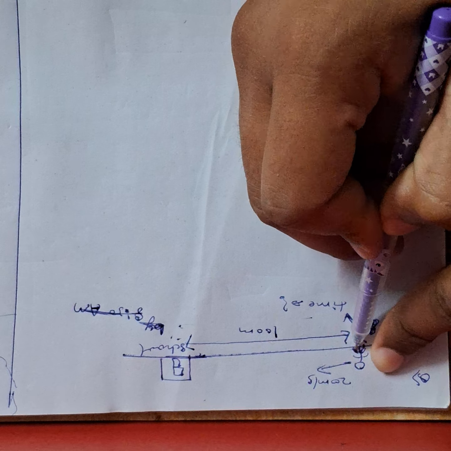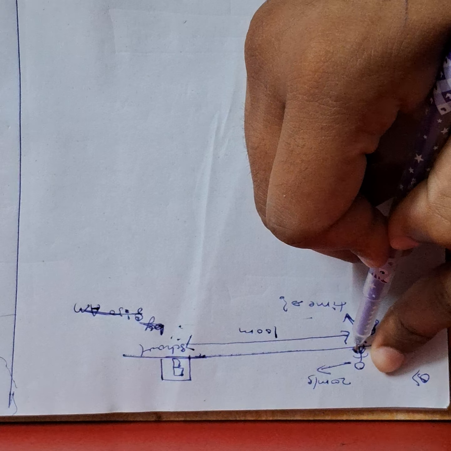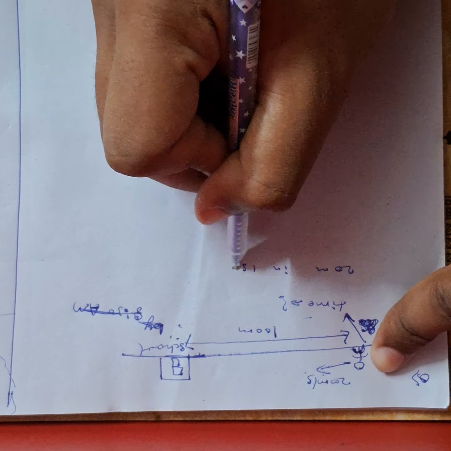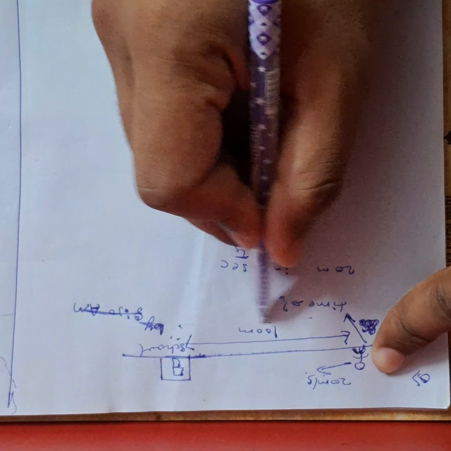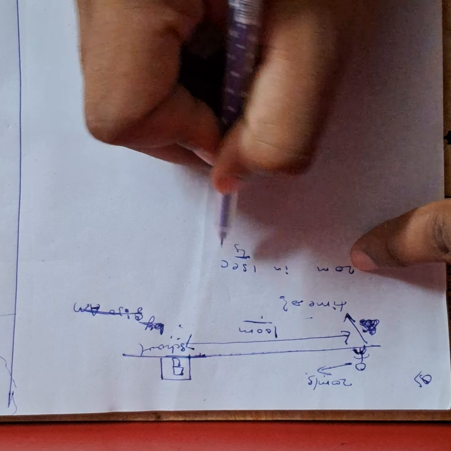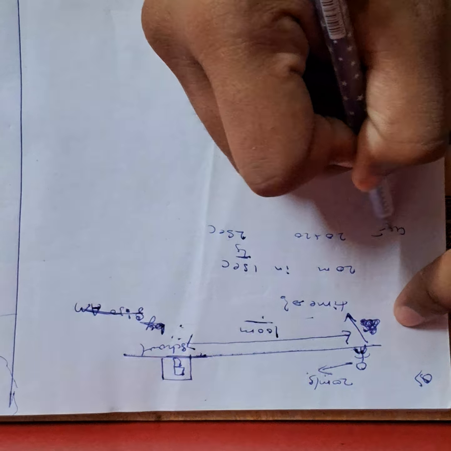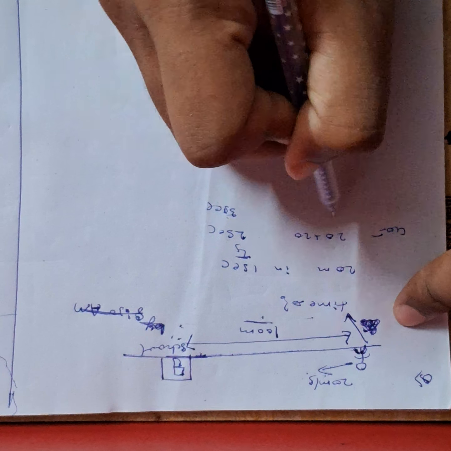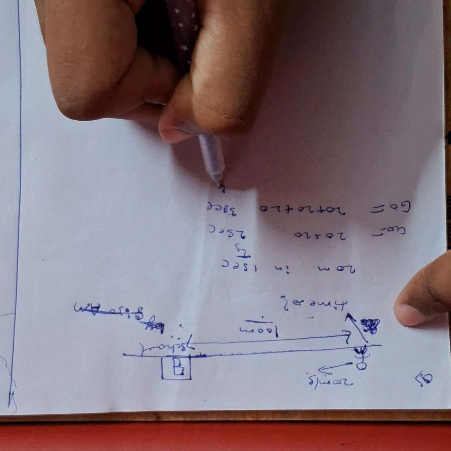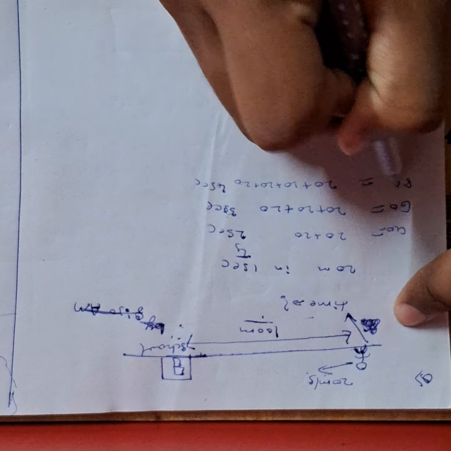Let's observe the data. Person is moving with 20 meter per second speed. What does it mean? He is covering 20 meters in 1 second. So how much time will he take to cover 100 meters? In 1 second he is covering 20 meters. In 2 seconds he will be covering 20 plus 20, 40 meters. In the third second, 20 plus 20 plus 20, which is 60 meters. In the fourth second, 80 meters.